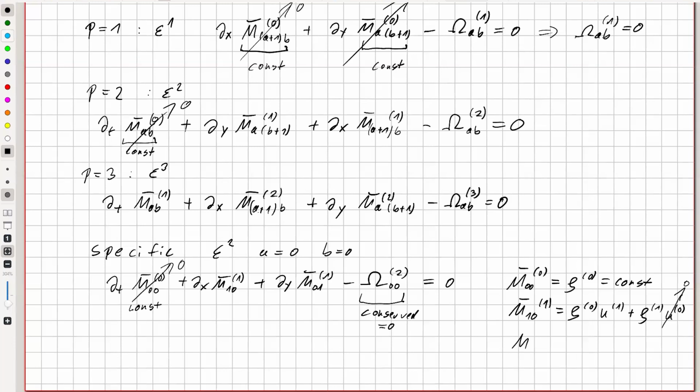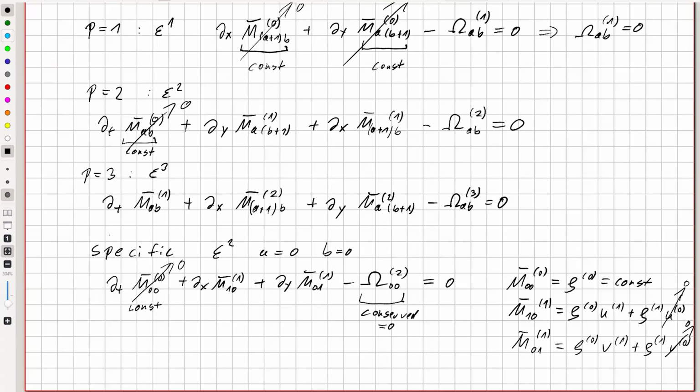Because you're expanding rho in epsilon and you're expanding u in epsilon, and you're looking for the case now that together they come with epsilon to the power of 1. This is the case if rho comes with rho zero order times u first order, or rho first order times u zero order, right? So obviously the same thing for this guy, rho zero order and v first order plus rho first order and v zero order, and this again is 0.